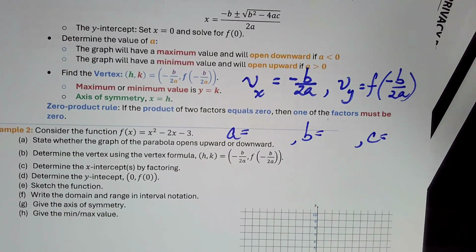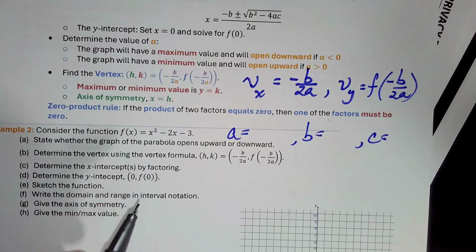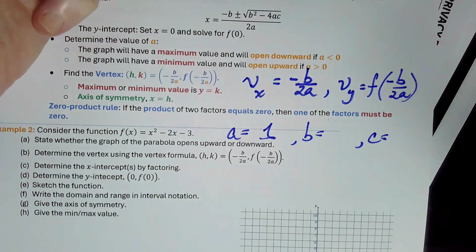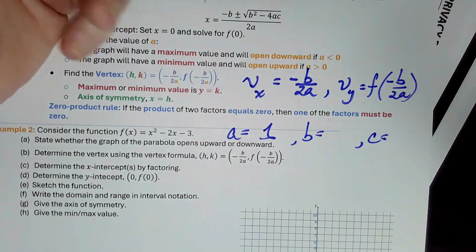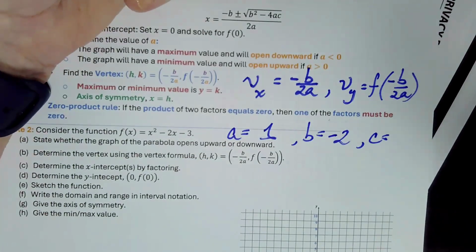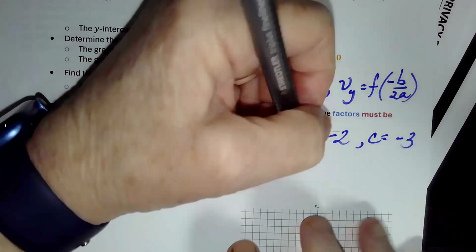So the number in front of x squared would be A. It will be 1. Good. And then B will be negative 2. And then C will be negative 3. Beautiful.